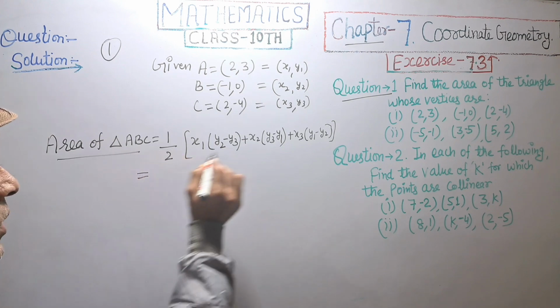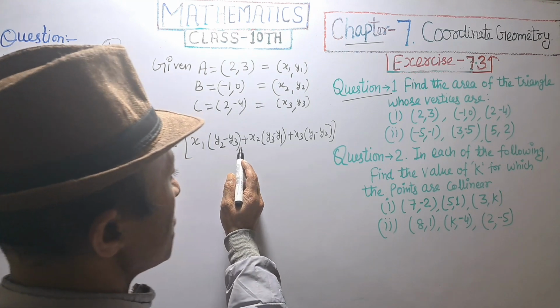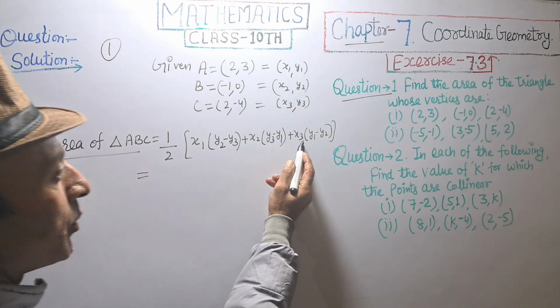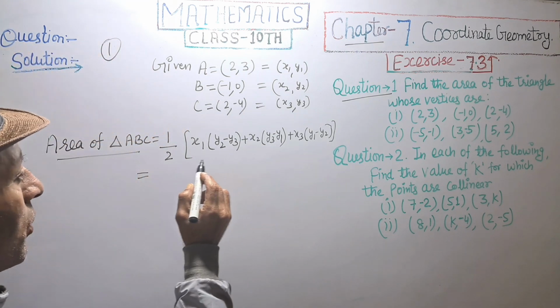Area of triangle formula is equal to half x1 (y2 minus y3) plus x2 (y3 minus y1) plus x3 (y1 minus y2).